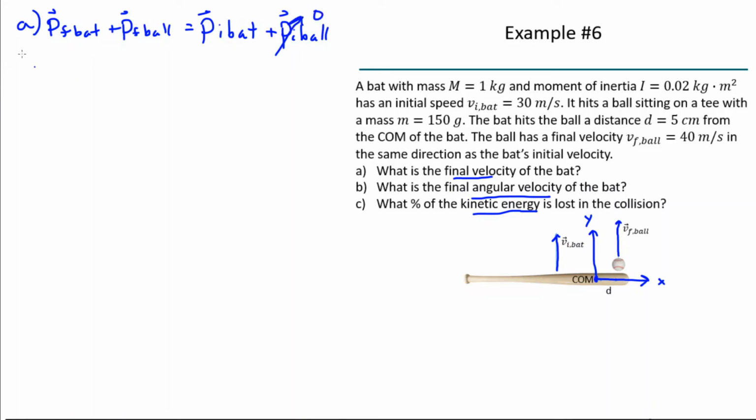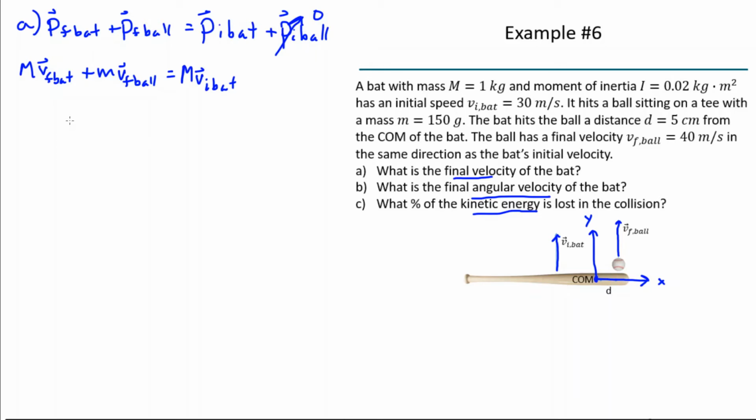The final momentum of the bat is going to be the mass, big M, times v final bat, plus the final momentum of the ball, which is little m times v final ball, and this equals the initial momentum of the bat, which is the mass of the bat times v initial bat.